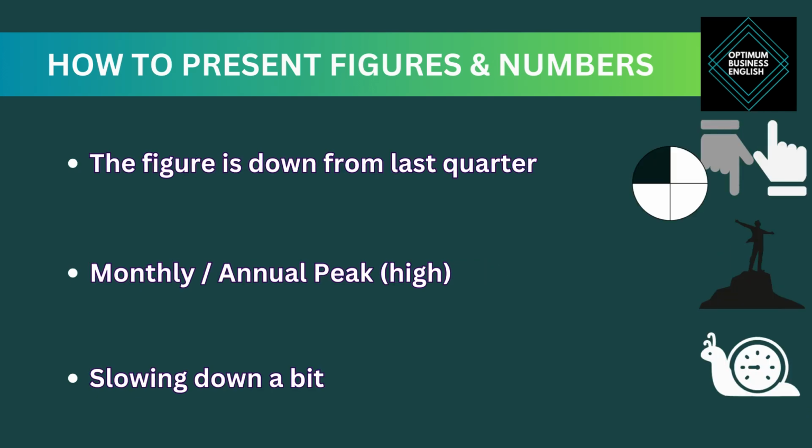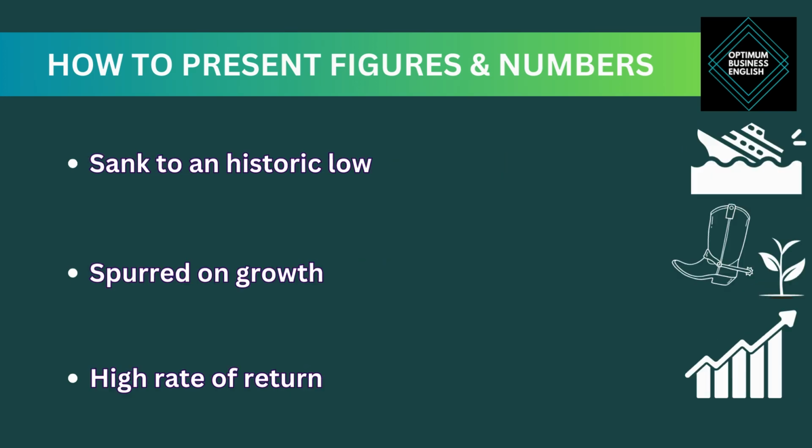The figure is down from last quarter, following significant investment or spend on improving their systems. The monthly peak for 2024 was just 10%. Markets are slowing down a bit after they announced lower than expected growth figures. Our profits sank to a historic low this quarter as a result of lower retail sales. The marketing campaign spurred on growth in sales, which fueled higher profits.